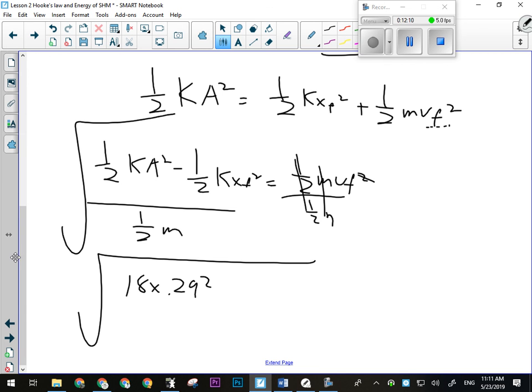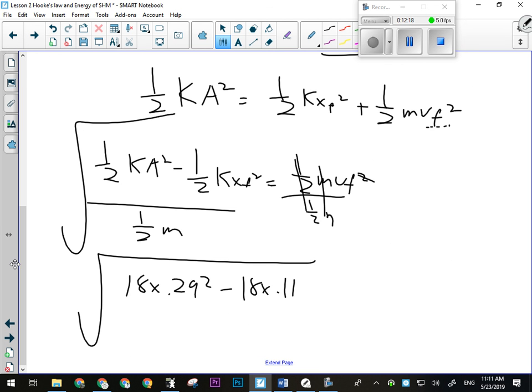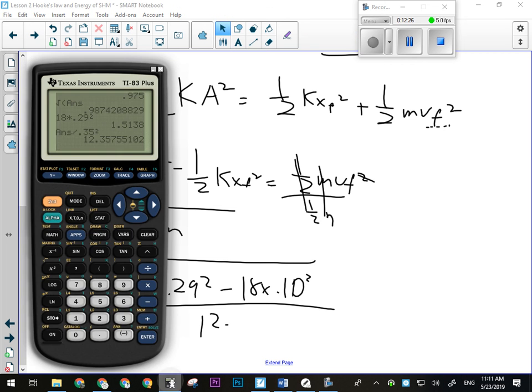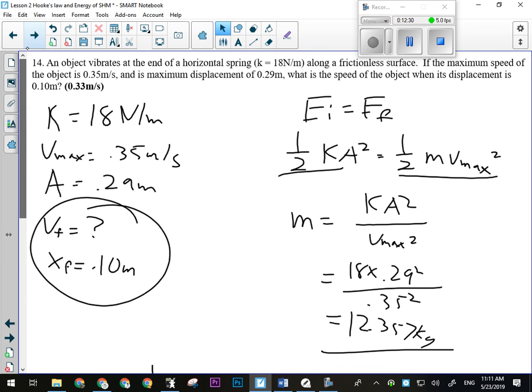Minus 18 times 0.10 squared, divided by the mass we calculated, 12 point whatever. When we do that, that should give us our speed of 0.33 meters per second.